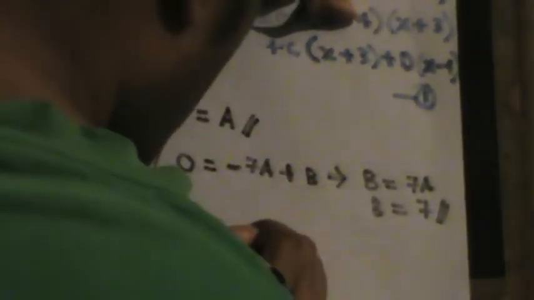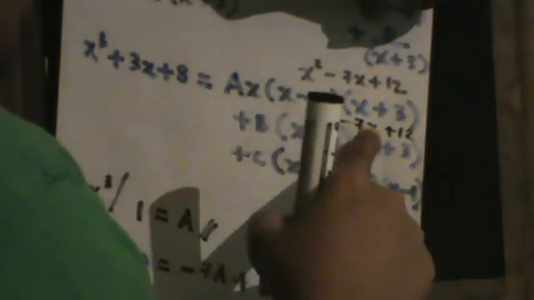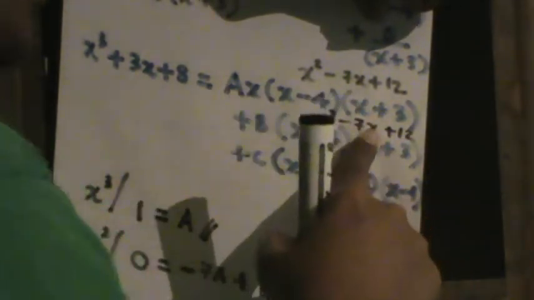So 3 will be 12a, and for b, I multiply b by x squared minus 7x plus 12 inside the brackets. When I multiply b by minus 7x, I'll get another x term, minus 7b. When I multiply it by c, I'll get cx, so the coefficient is c. When I multiply by d, I'll get dx, so the coefficient is d.